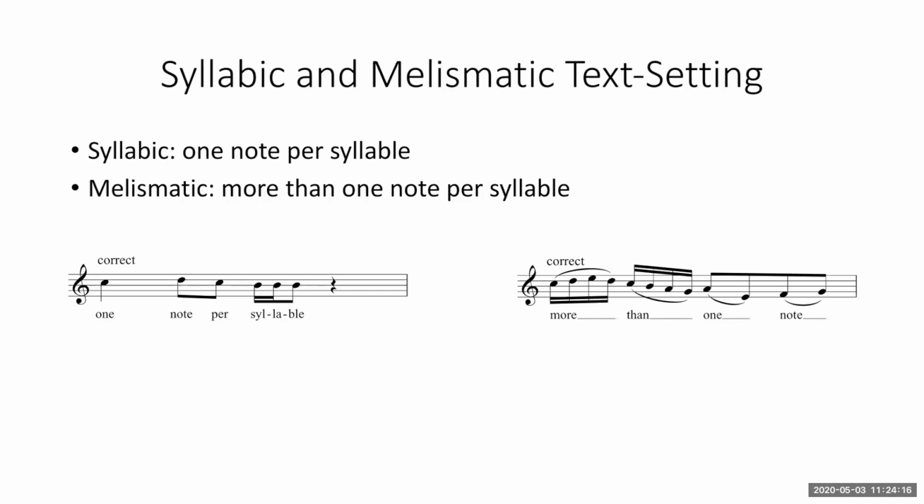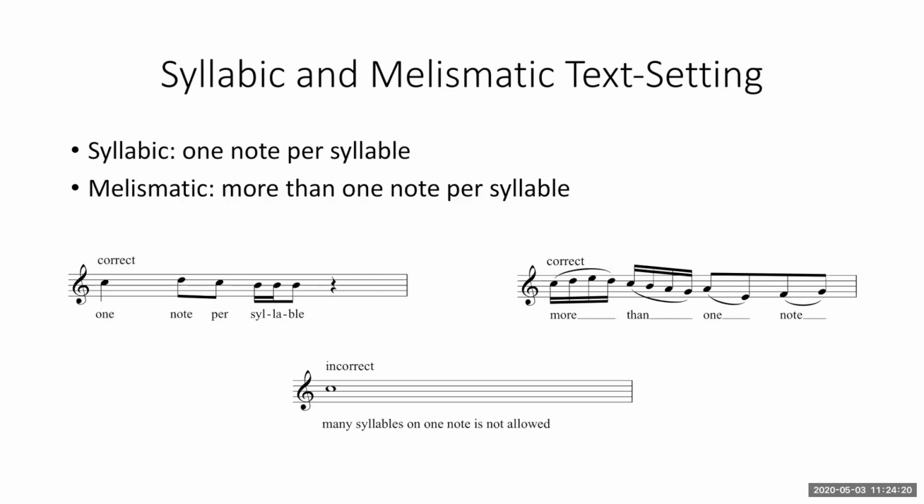The one thing that you don't want to do in terms of notation is show one note with many syllables. When you're showing the text setting, you need to have at least one note per syllable. So the bottom example where there's many syllables on one note is not a correct notation. As you can see on the previous slide, you want to break up the words by syllables.